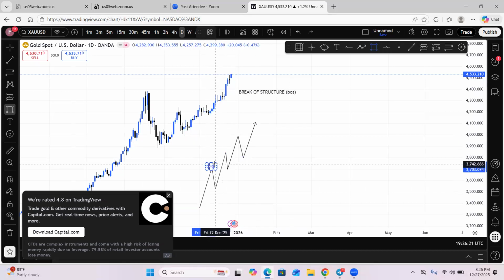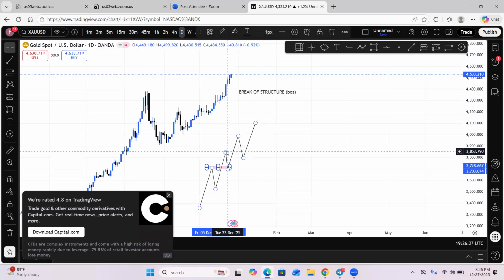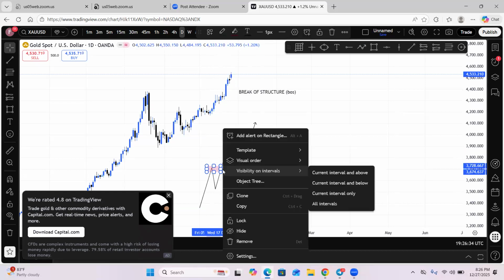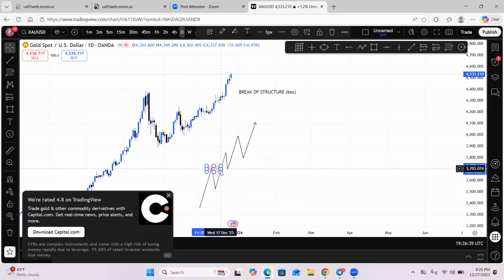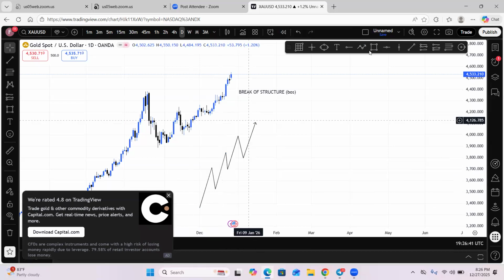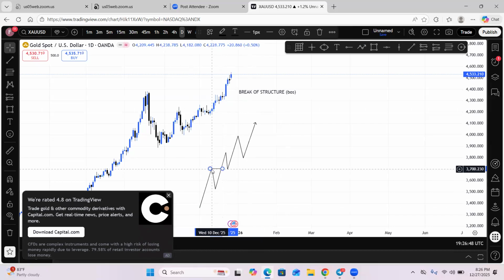It cleared this level and pushed up, then retraced down again, giving us another low. This level that it cleared is a key level which the market retraced, then broke to the upside.